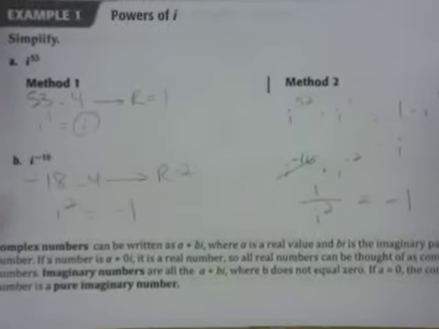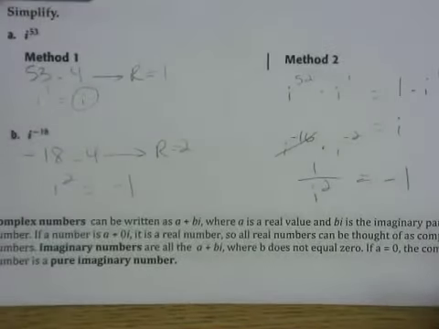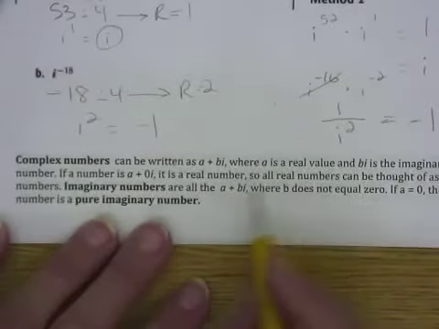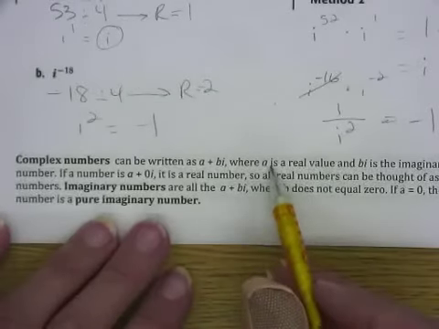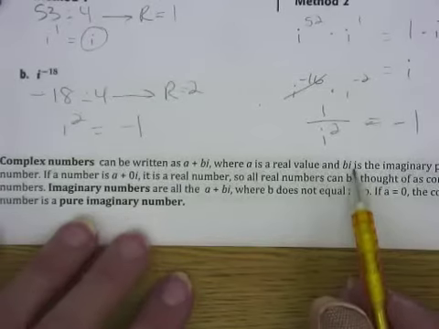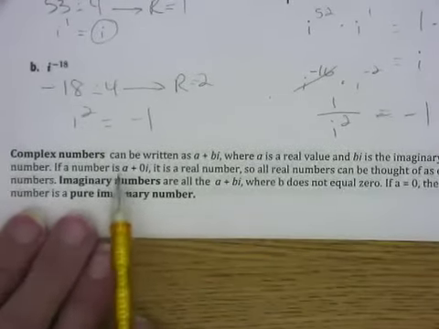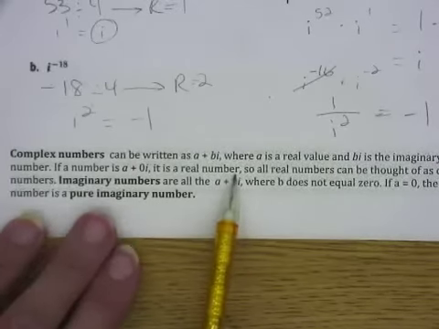So here we were talking purely about powers of i. Now we talk about complex numbers and how they can be expressed as a plus bi, where a is the real part of that complex number, and bi is the imaginary part of the number. Now, if we think of a number that is a plus 0 times i, we know that that's a real number.